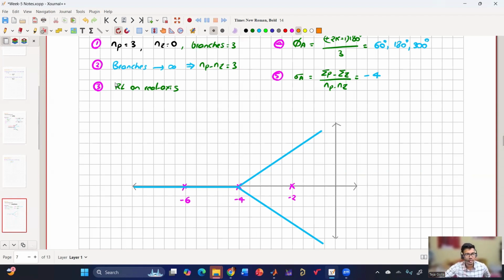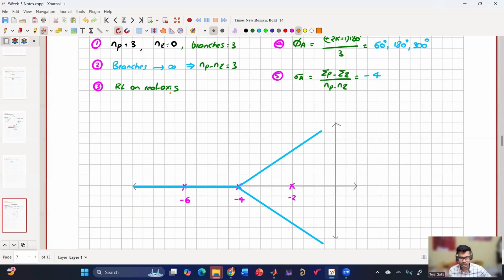Based on the third rule, the root locus lies on the real axis if the summation of the number of poles plus number of zeros to the right hand side is an odd number, right? So in this region, the summation of poles and zeros is odd, right? So the root locus lies in that region.